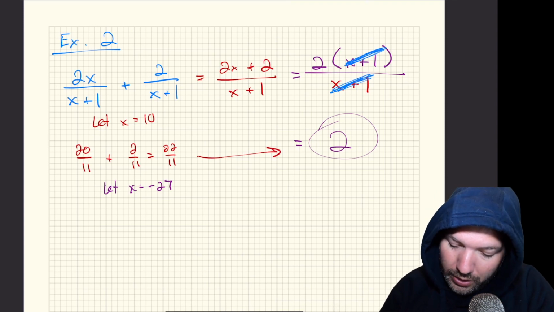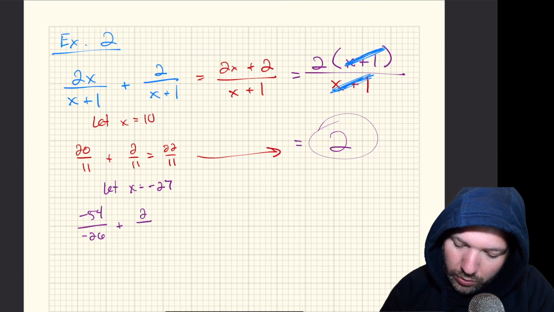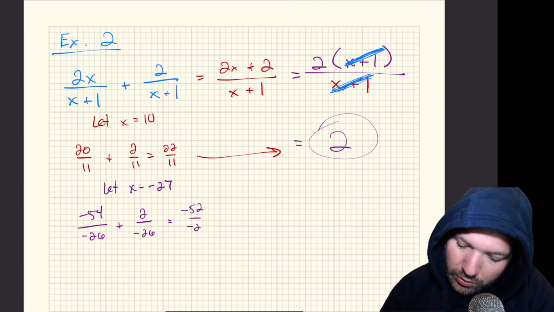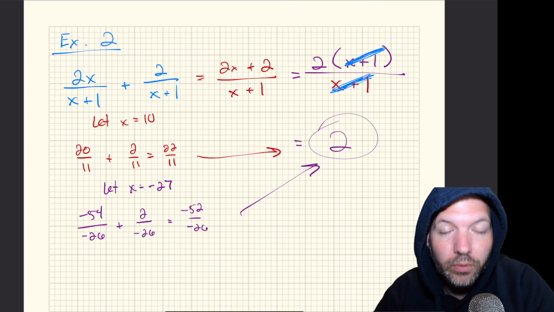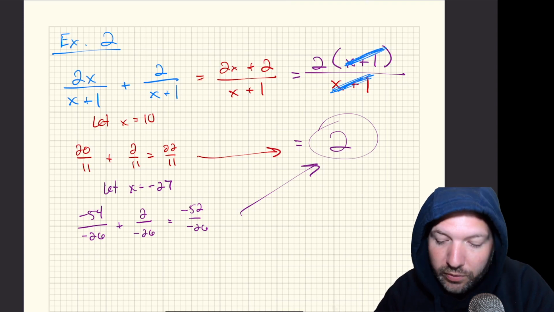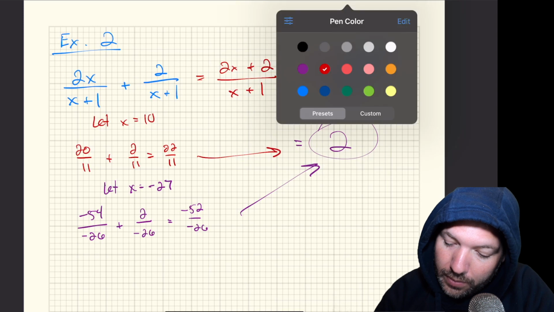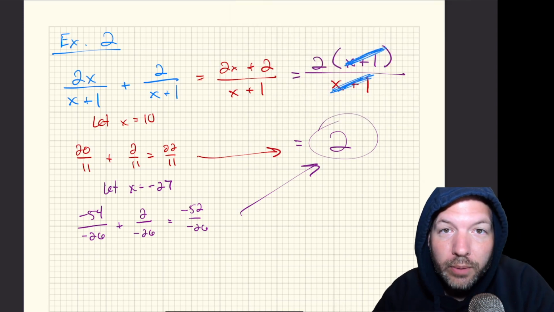I don't know, right? This would be negative 54 over negative 26 plus 2 over negative 26, which would be negative 52 over negative 26, which is still positive 2. Okay, I feel pretty good. It looks like it is simplifying to 2 no matter what. Can you think of the one number that won't be true for?